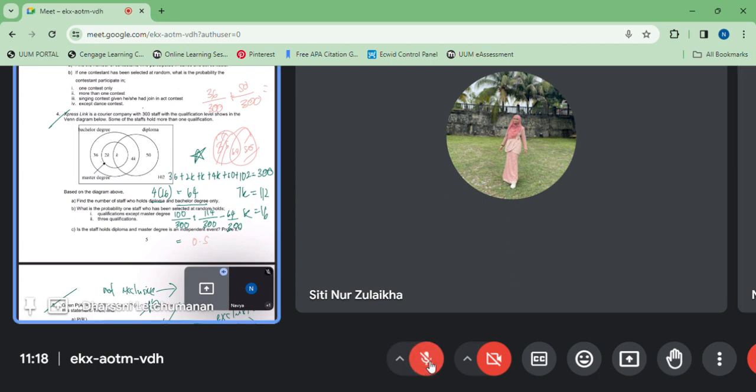Just take 36 plus 50, can. Usually we will do this subtract method, we didn't care about the people who take both also. So the first way is correct.